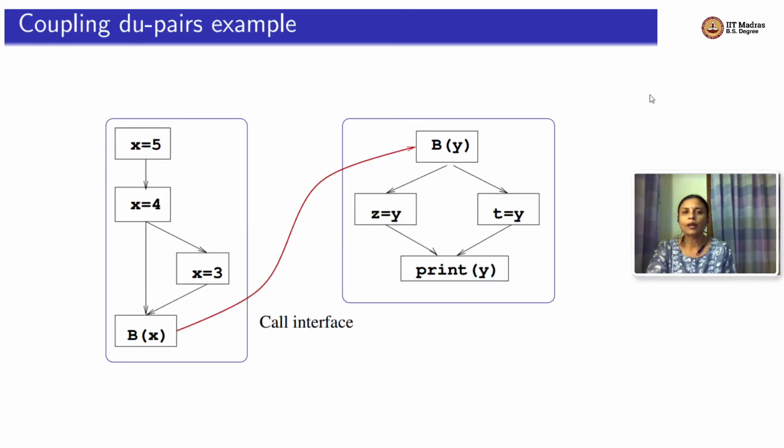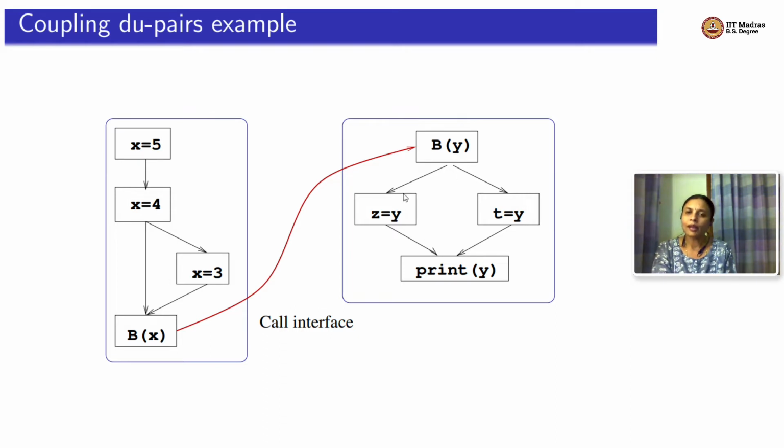So here is an example of how the graph looks. Let's say there is a control flow graph that you see on the left hand side. Some small thing: it says x is equal to 5, then x is equal to 4, maybe there is a decision statement, and then things happen, and then there is a call interface here. There is a call to a procedure B by this method, and that changes the control flow to B getting invoked.